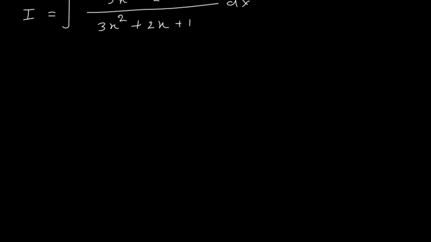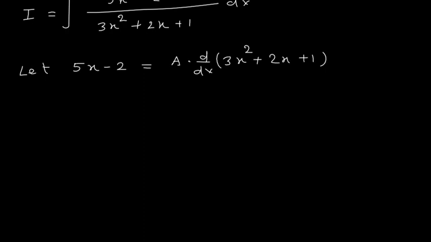So here I will say that let our numerator, 5x minus 2, be a into d upon dx of 3x square plus 2x plus 1, plus b. Now when I differentiate I will get a into 6x plus 2 plus b.